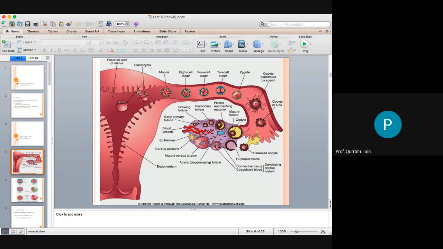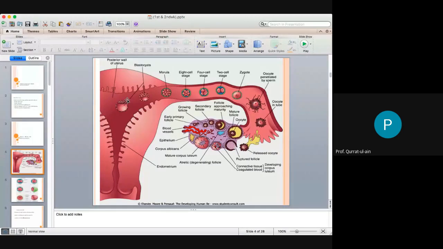One group is forming the outer border, and the other is in the form of a compact mass. This is the blastocyst. Now you can see the size has increased, and the number of cells is tremendous now. One layer of those cells has formed the outer boundary, and the others are being collected at one end.